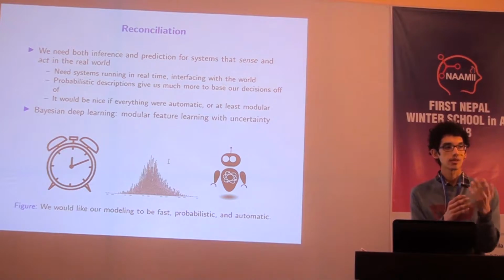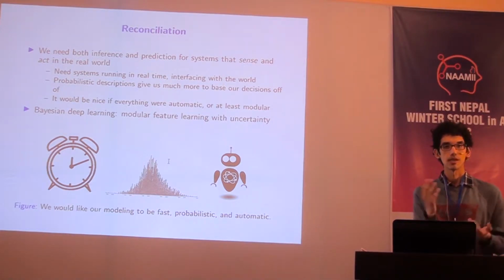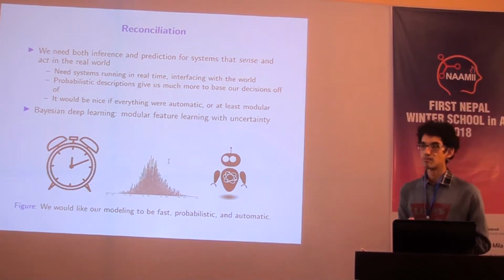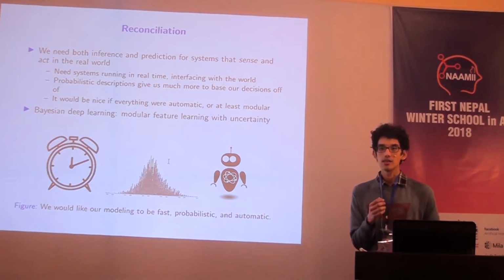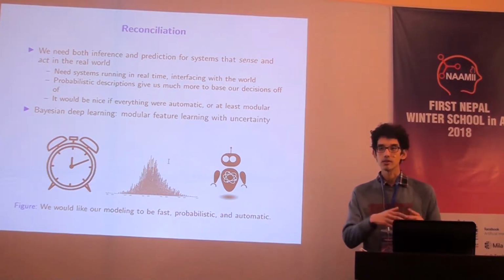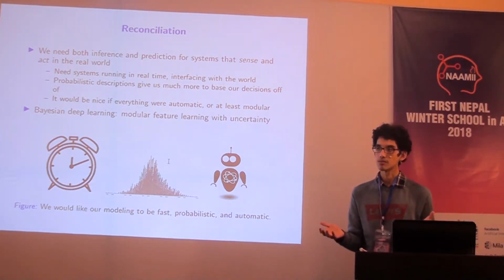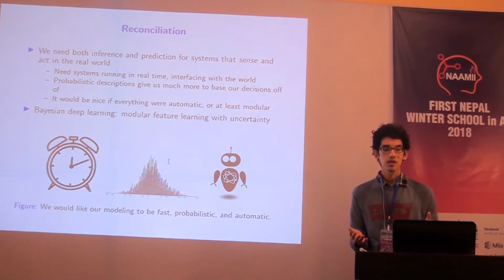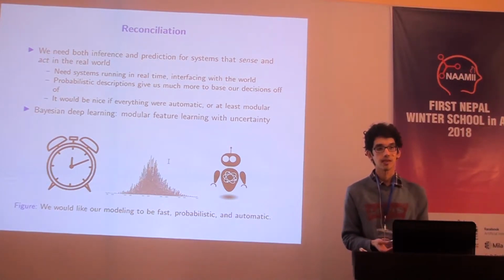So this seems like a perfect chance to blend Bayesian analysis with deep learning, right? Deep learning, we saw yesterday, is a very modular way of working. It's easy to iterate very quickly across a whole bunch of different architectures and families of functions, because you can always use backpropagation, you can always use gradient descent.